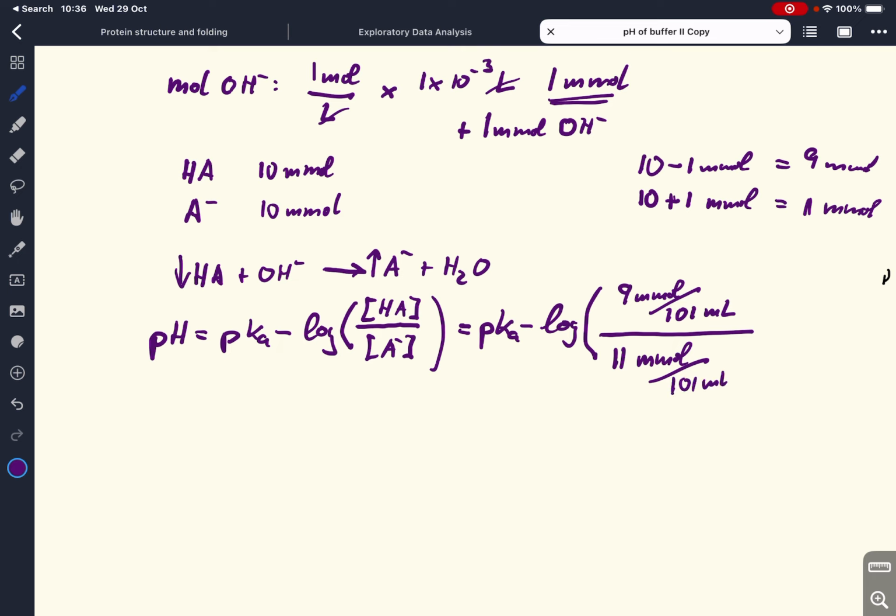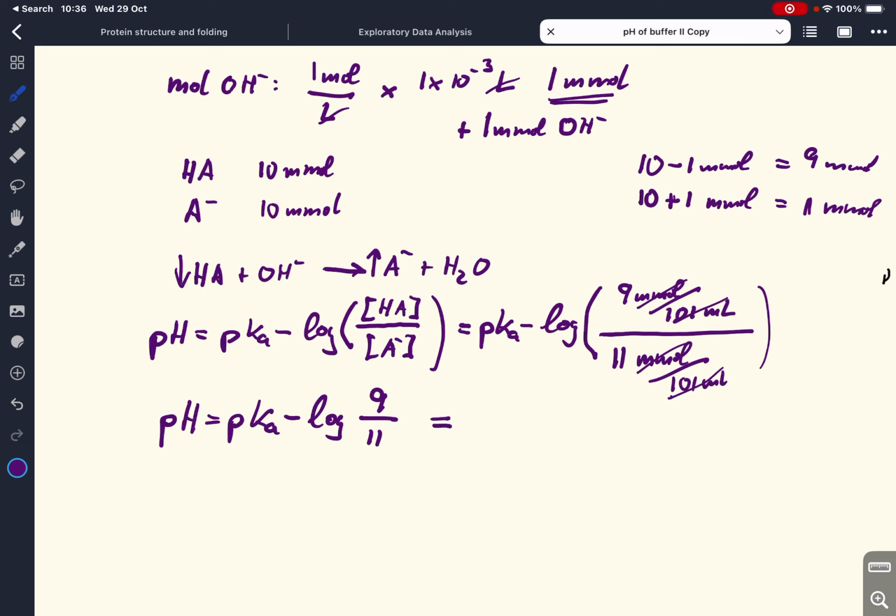And in fact, we don't really need to worry about the volume because it cancels out. We also don't need to worry about the millimoles. So we've got pH equals pKa minus log 9 over 11.